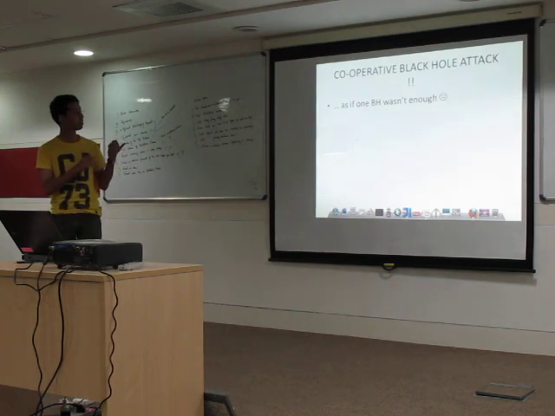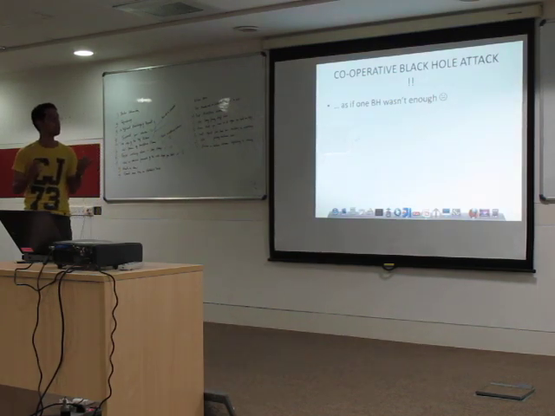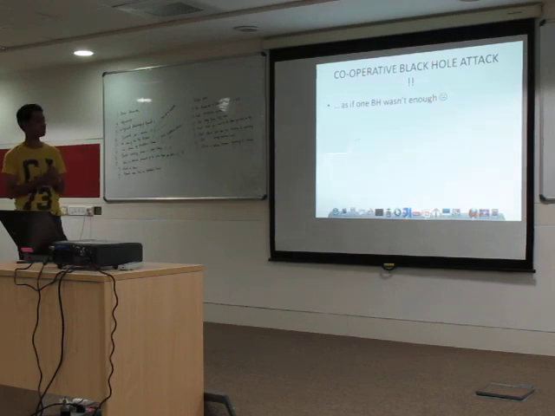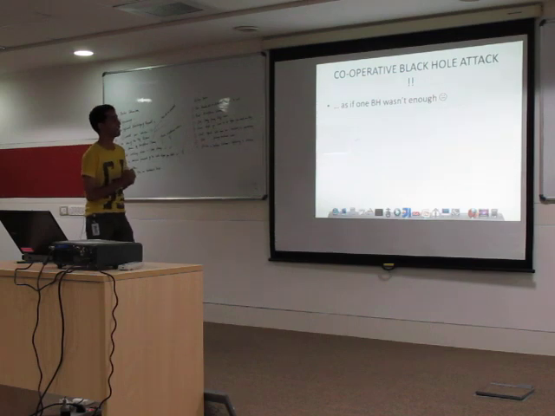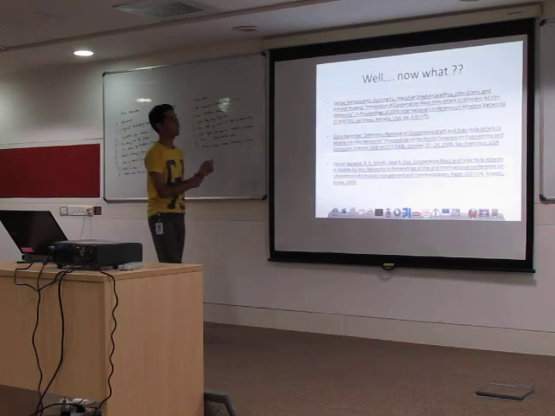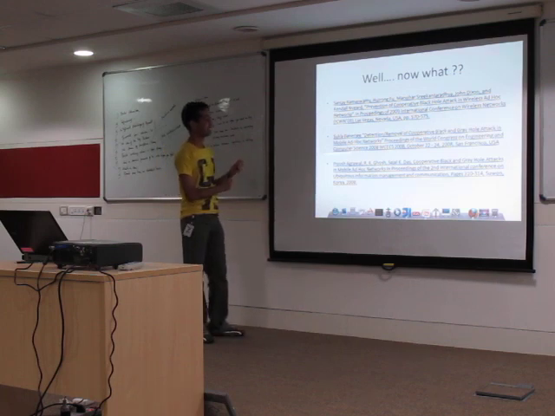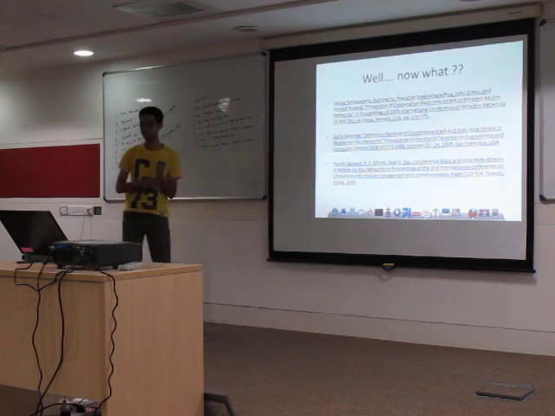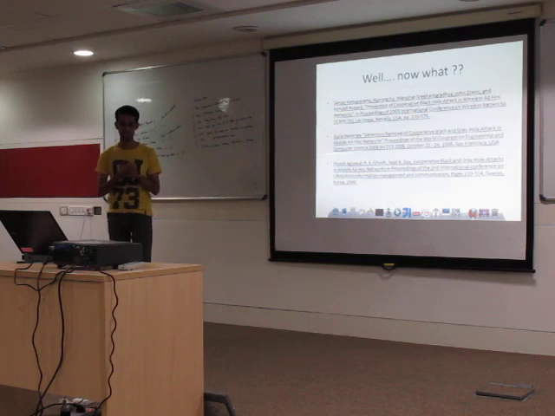After the new term, cooperative black hole attack, was coined, a lot of other researchers came up with new solutions to it, and there are plenty of them. They effectively had more complex algorithms going about iterative searches and so on.